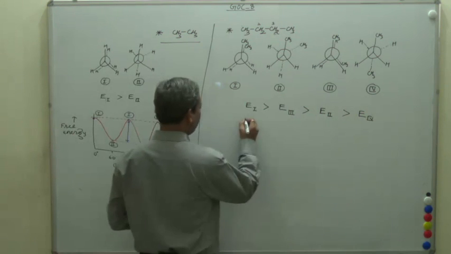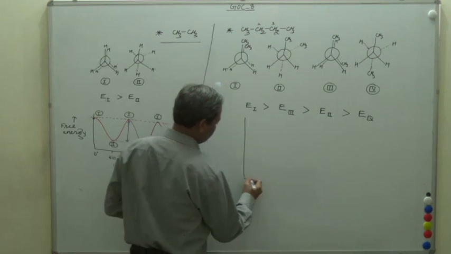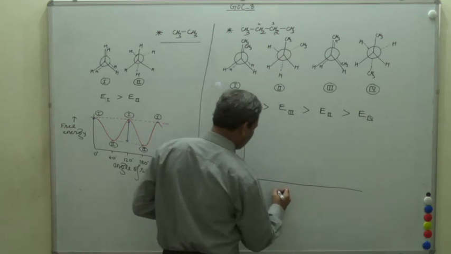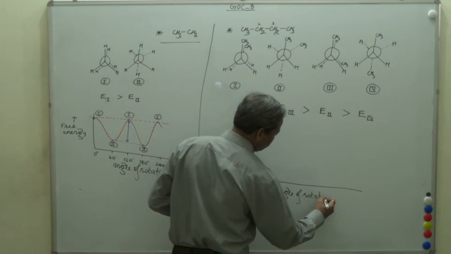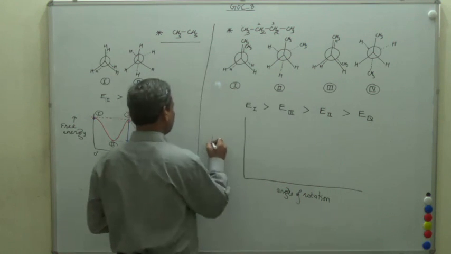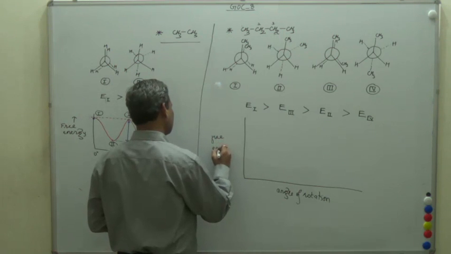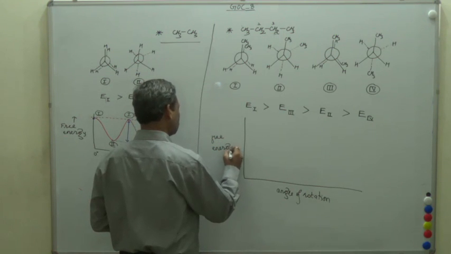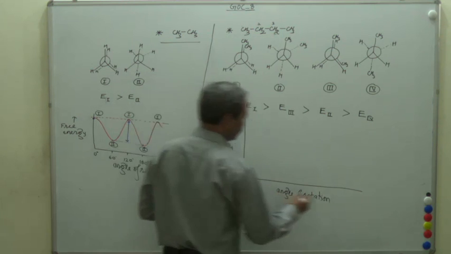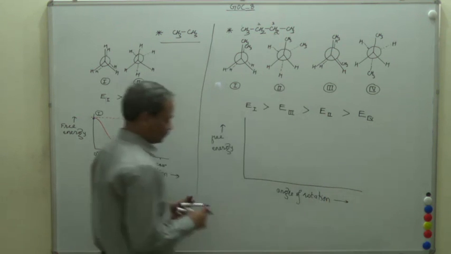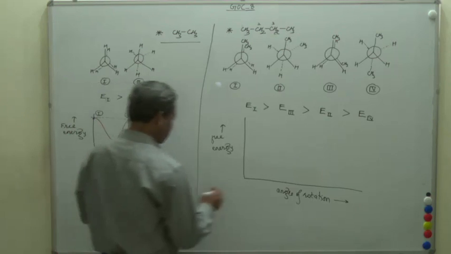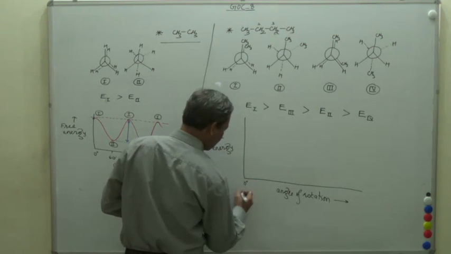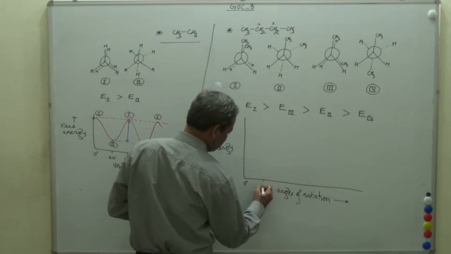So now if we draw a curve between the angle of rotation and free energy content, this is the 0° dihedral angle.